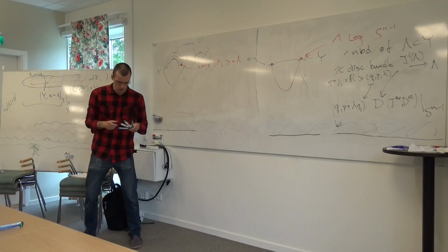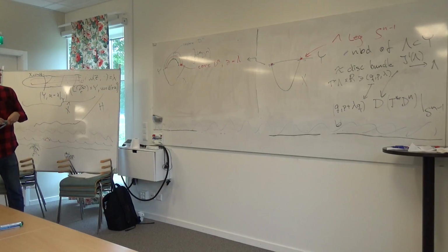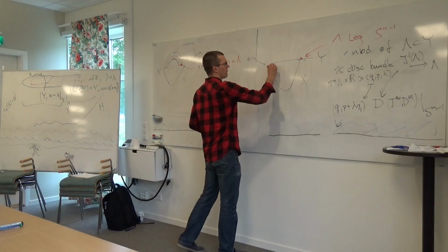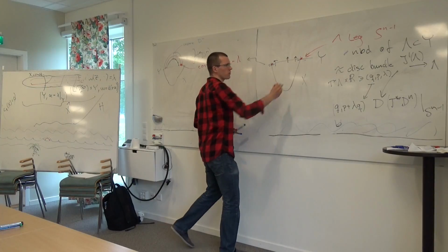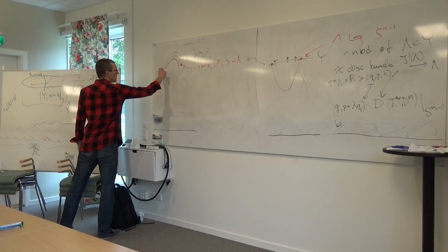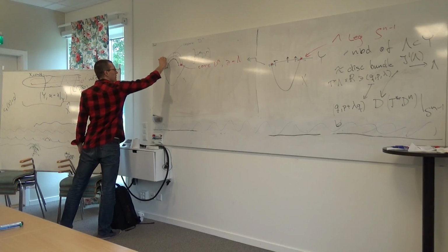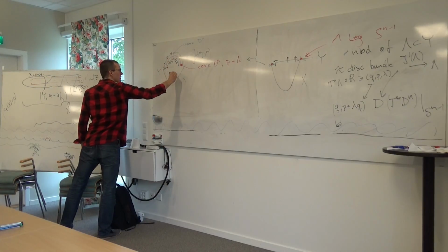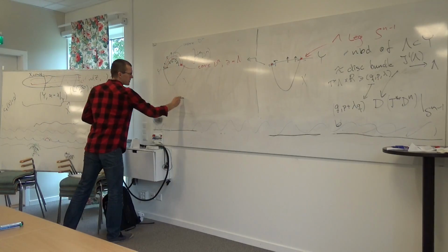Okay, so I think I have the first picture I wanted. We used to have a vector field out of Y, and in the neighborhood of lambda, it now looks something like this. Let me redraw it yet again.